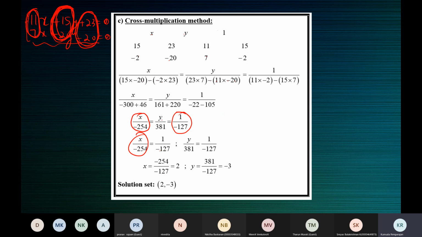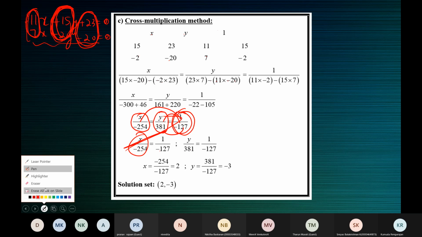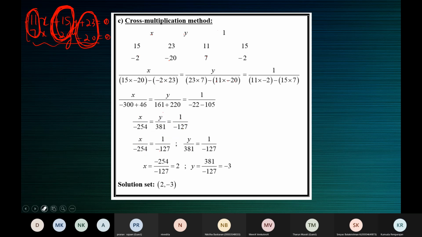Equate these two to find x, and then y by 381 is equal to 1 by minus 127. Equate these two to find y. That's what you see here. Here, x by minus 254 is equal to 1 by minus 127. This one to find x. Y by 381 is equal to 1 by minus 127. This is to find y.